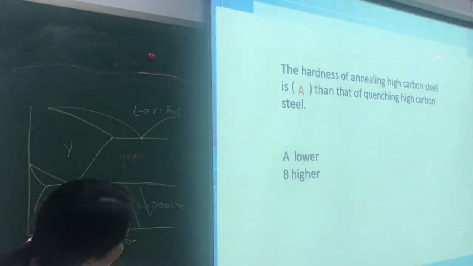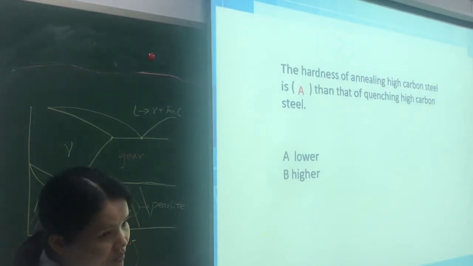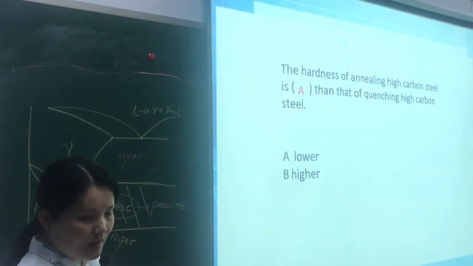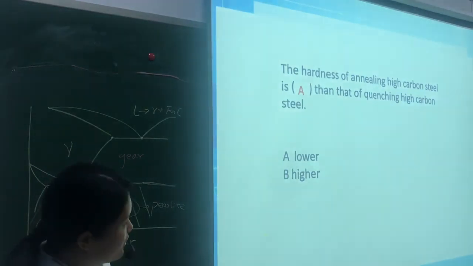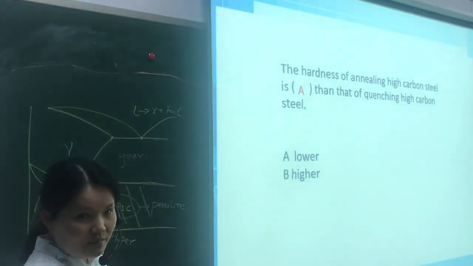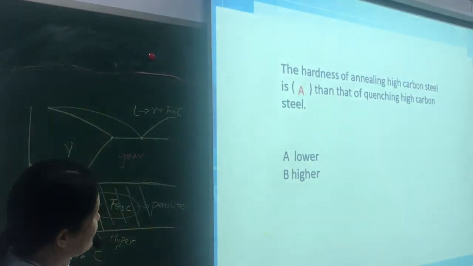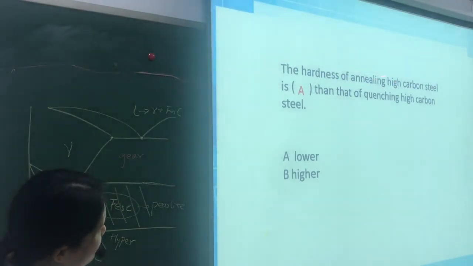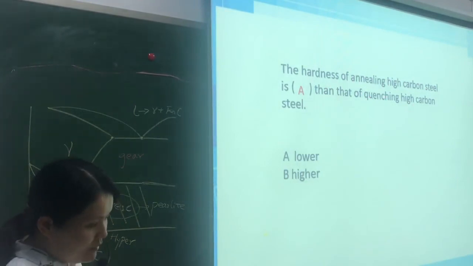Lower. When the high carbon steel is annealed, the microstructure is perlite and cementite, and after quenching it is martensite. So the hardness of annealed high carbon steel is lower than that of quenched high carbon steel.